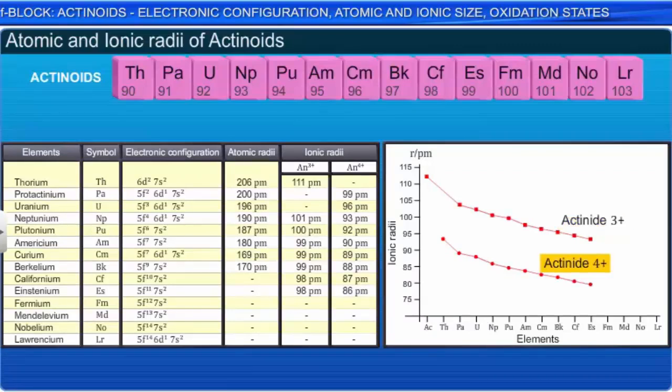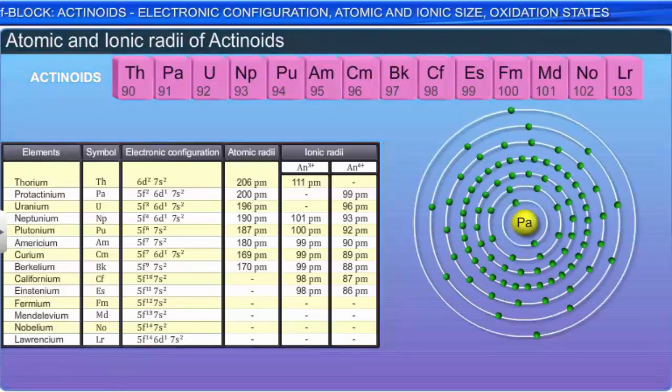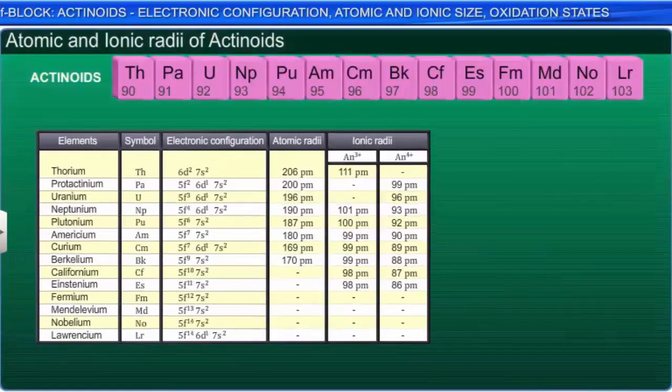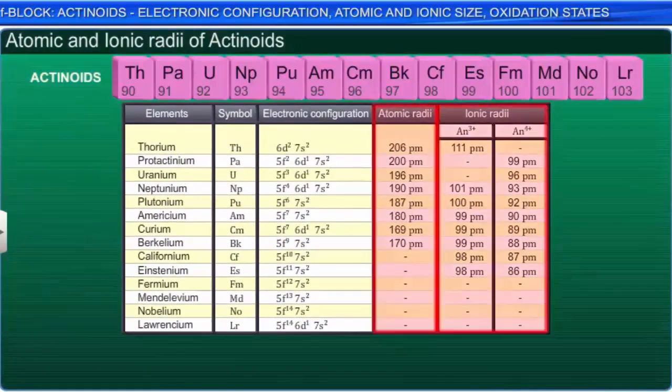This may be referred to as actinoid contraction. Due to the poor shielding by the 5f electrons, the contraction is greater from one element to another in the series.